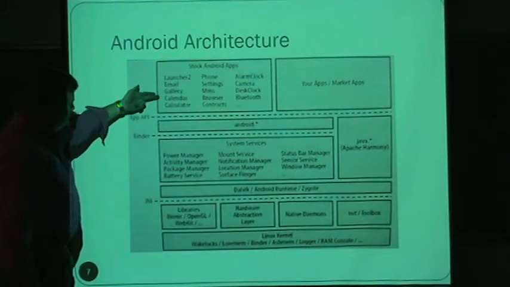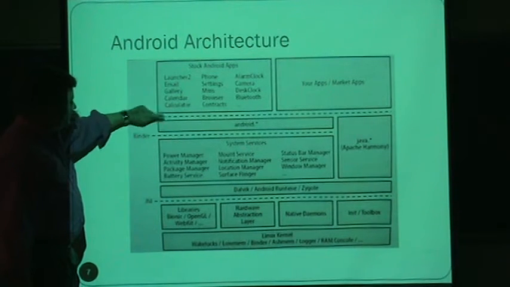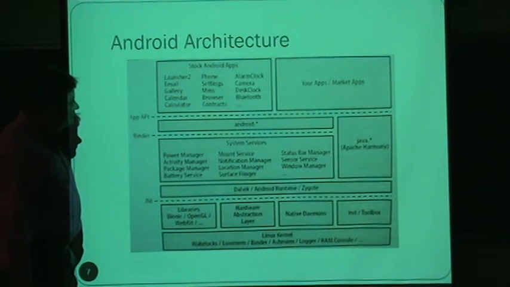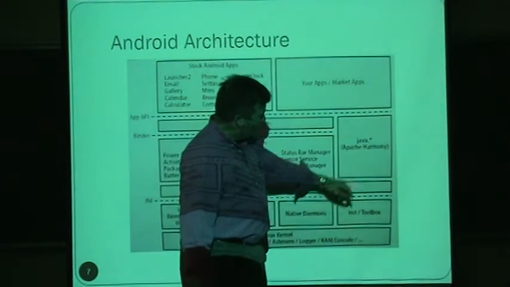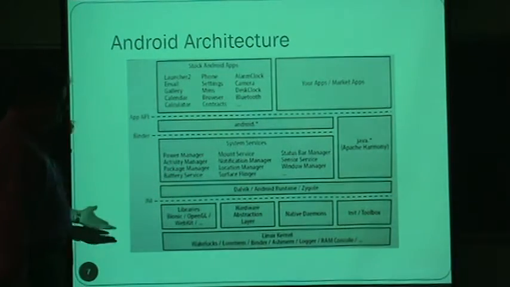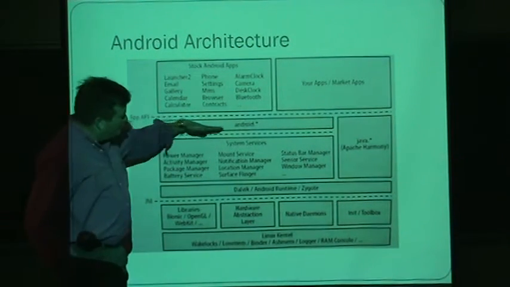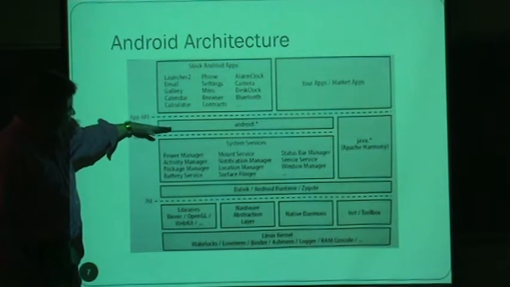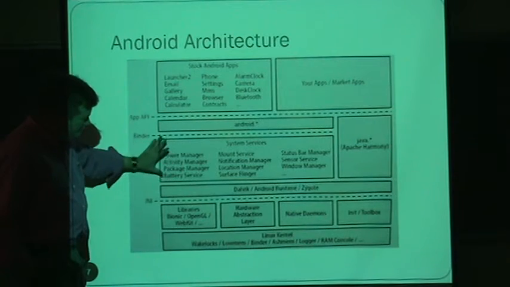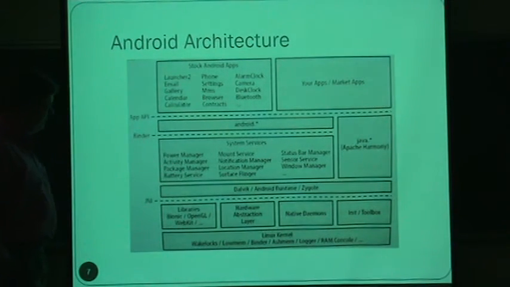All of these apps talk directly to Android APIs, application user interfaces. You could also run Java Apache, which would be running like a web service, and that could also talk to the operating system. The Android APIs talk directly to system services. These are also provided by Android and wouldn't be available in Linux.